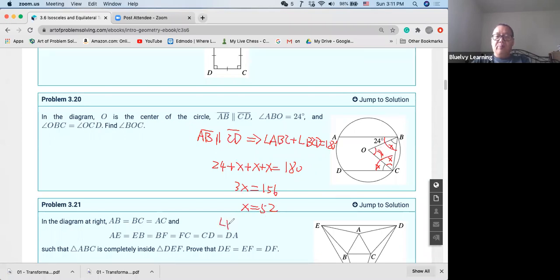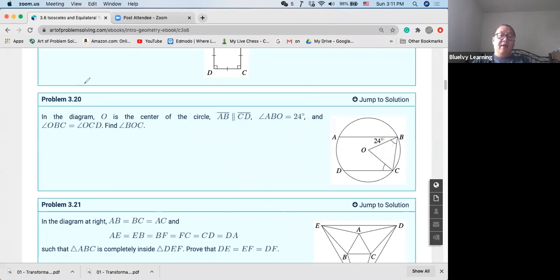Then angle BOC equals 180 minus 104, so it's 76 degrees.